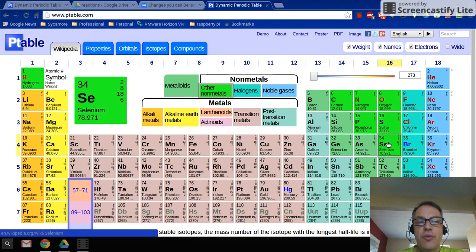He then put each one on cards with their properties, and he decided to arrange them based on properties. What he found was he decided to leave blanks where he figured maybe some hadn't been discovered yet. As an example, gallium had not yet been discovered by the time of Mendeleev.